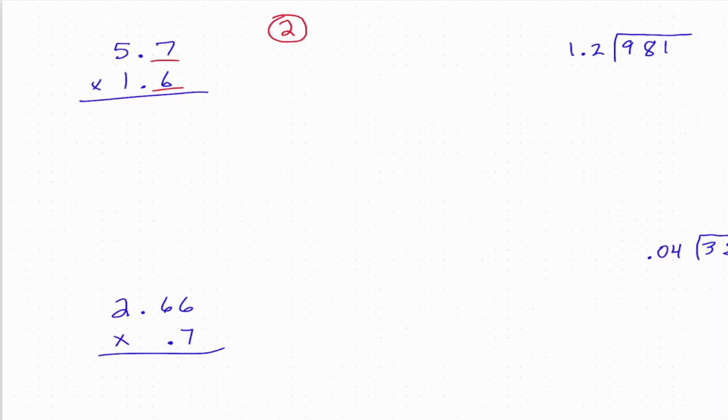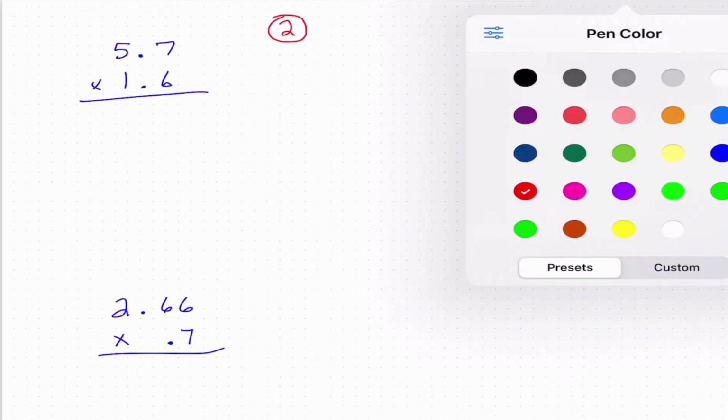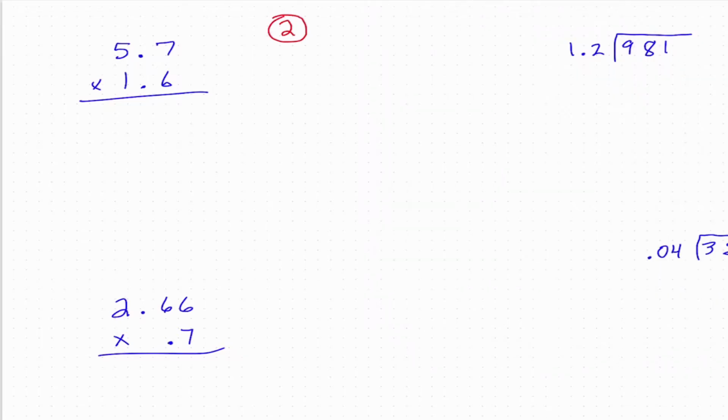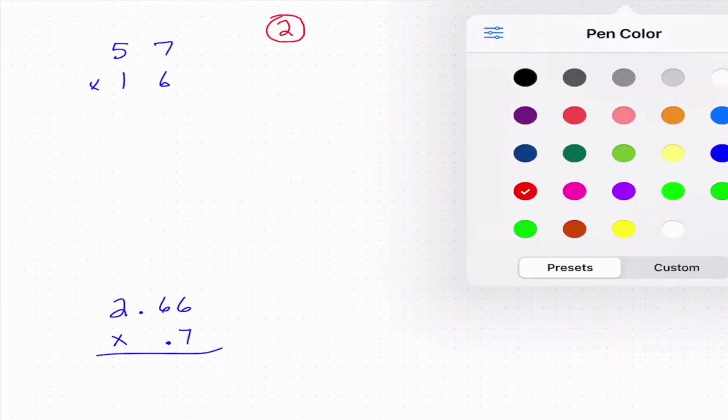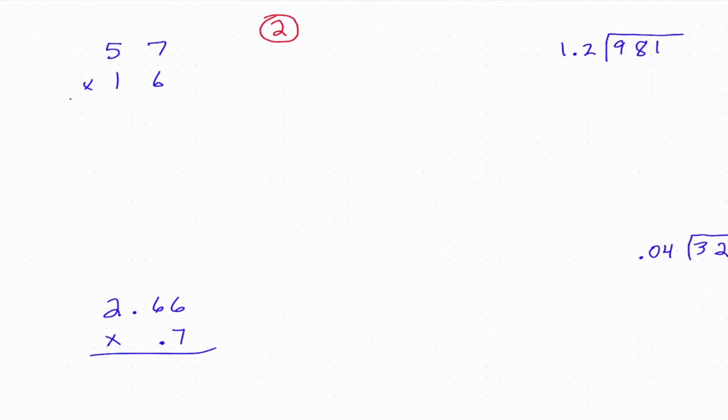If this helps you not get confused while multiplying, you can just take out the decimals now. You can just multiply without the decimals if that makes more sense to you. I'll show you how this works.